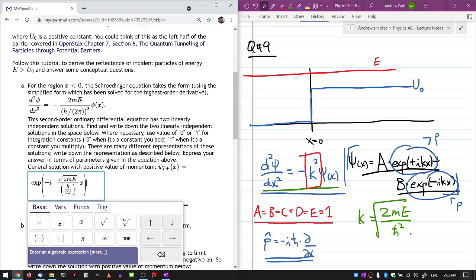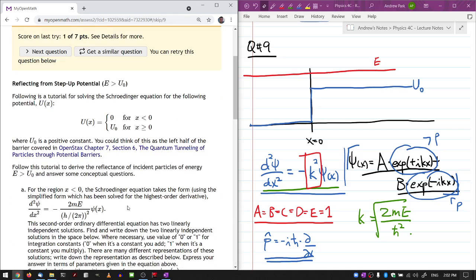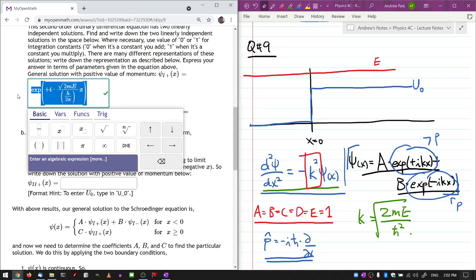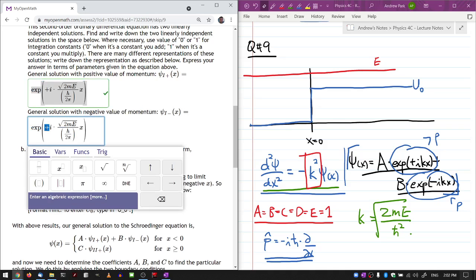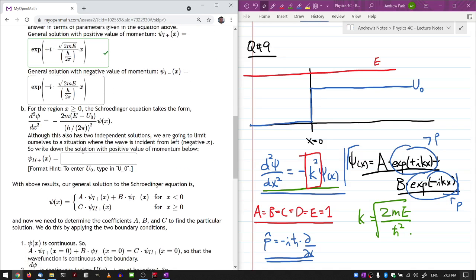So this is the general solution with the positive value of momentum. And the general solution with the negative value of momentum is exactly the same, except for the minus sign in front of the imaginary i. Okay, I'll submit that along with the next one.